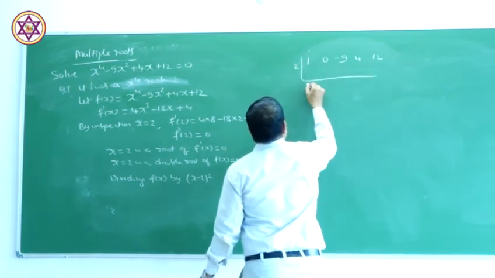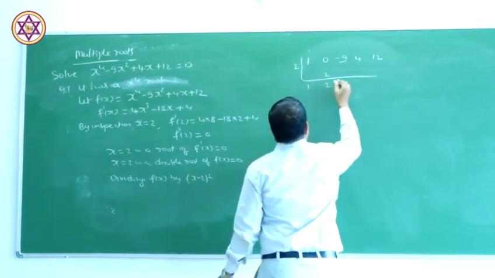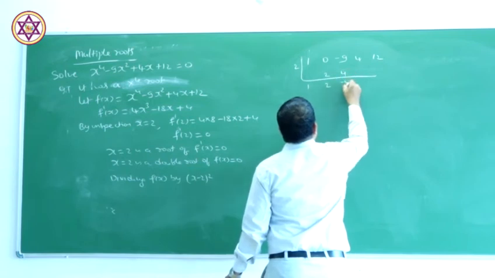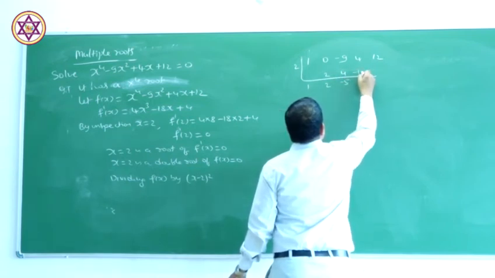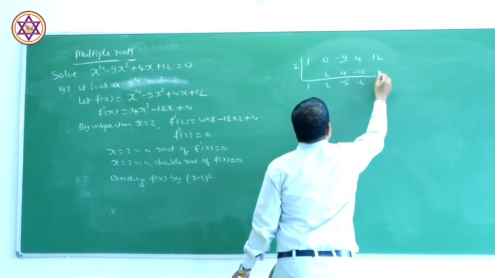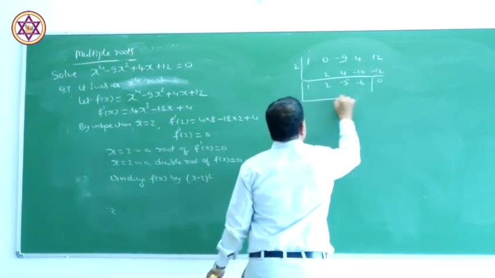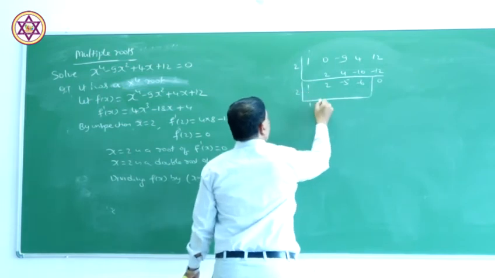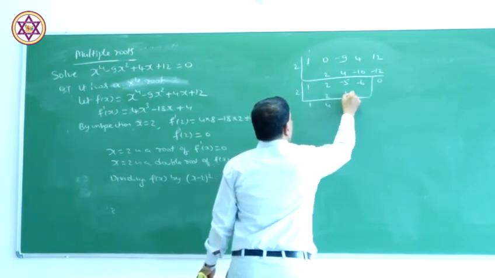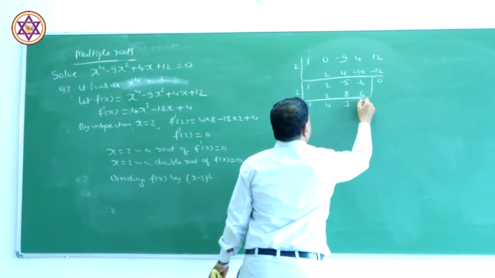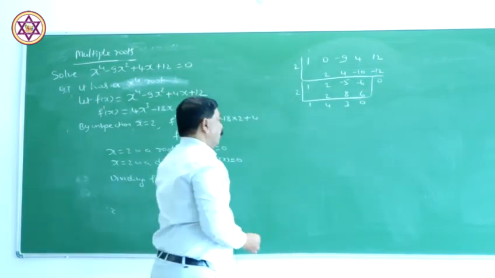So, 2, we get 2, 4, minus 5, minus 10, minus 6, 12, we get 0. 2, 4, 8, 3, 6, 0.